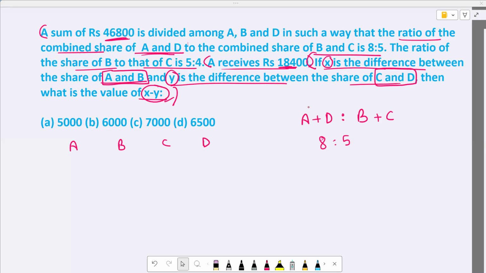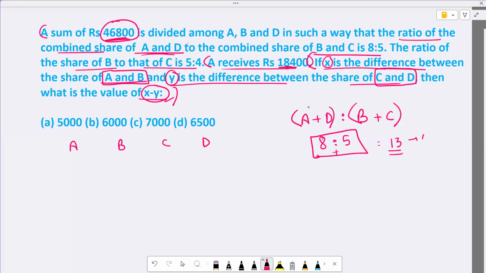So we now know that the ratio of the shares of A plus D to that of B plus C is 8:5. Now, one key piece of information that was given to us is that the total sum is this. So we can very simply identify how much A plus D and B plus C have together. How can we do that? We can add these two, which will come out to be equal to 13.